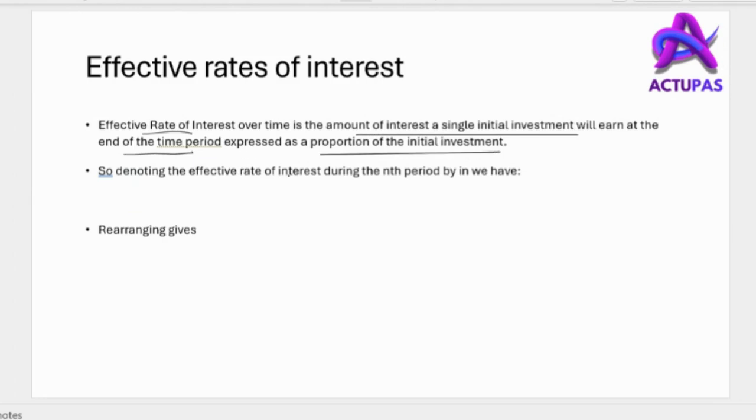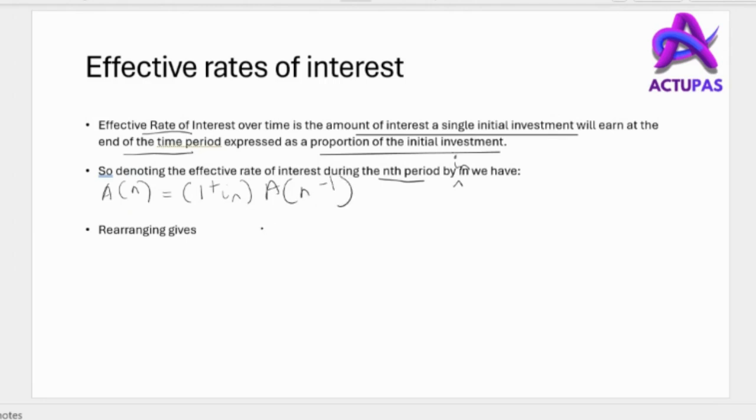So denoting the effective rate of interest during the nth period by i subscript n, we have A(n), the accumulated value, is equal to (1 plus in) times A(n minus 1).